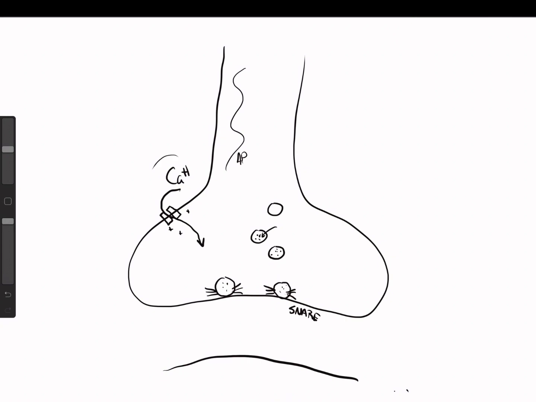So this calcium that's coming in, yes, it's charged, but the charge isn't really the point. The point is it actually has to be the calcium ion itself that comes and binds directly to this snare complex. And once it's bound, what happens is these little guys change conformation, and they do this thing called zippering.